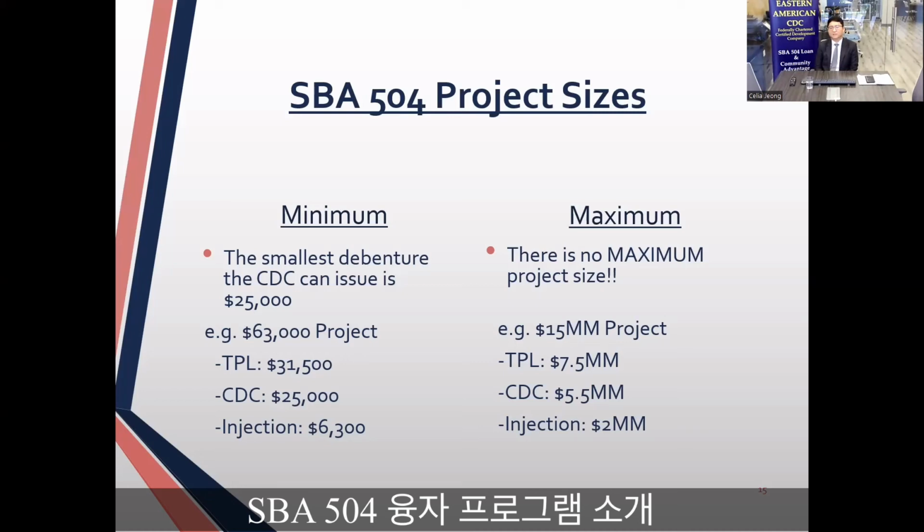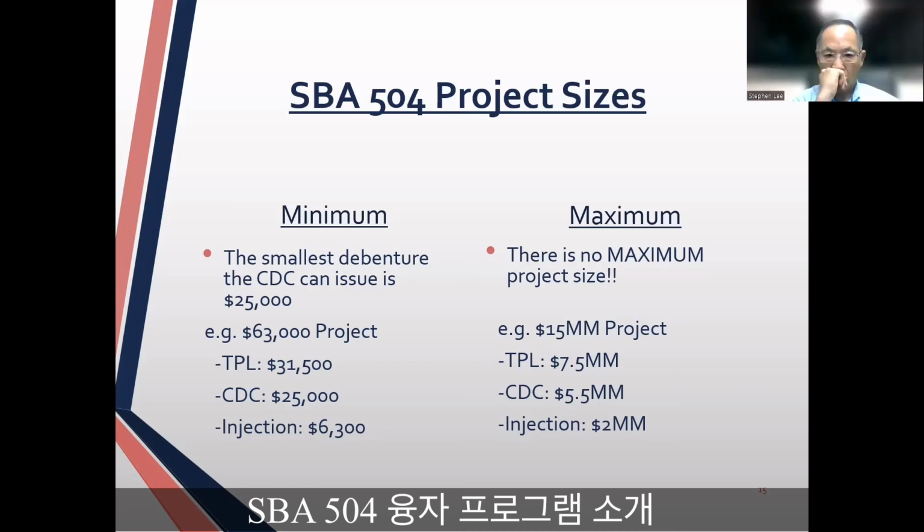We provided $7.5 million as a first lien position commercial loan, and the CDC came up to 5.5. So when they purchased a $15 million project, the borrower put down only $2 million, which is great leverage. Actually, without the SBA 504 loan program, no such LTV can be provided.